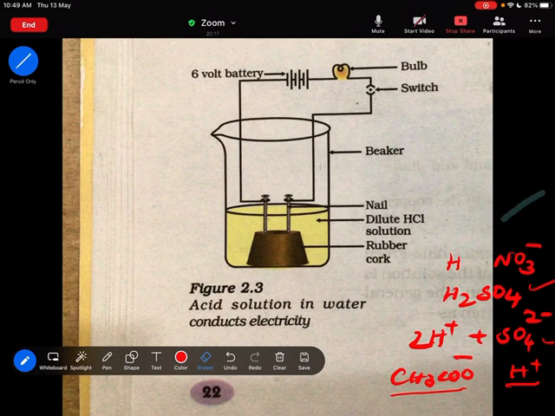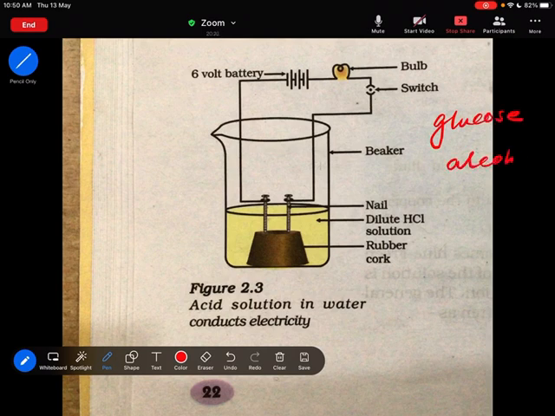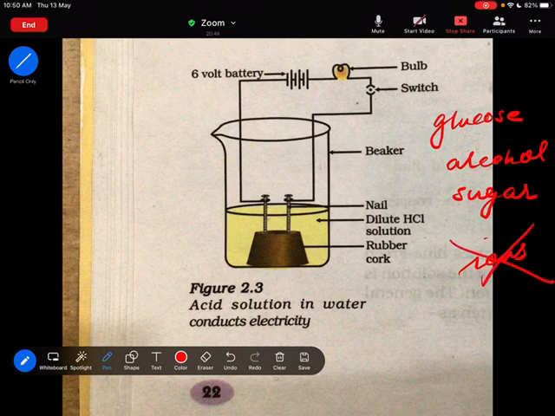But instead of this, if you are putting glucose solution, alcohol solution or sugar solution, the bulb will not glow because they cannot produce ions in aqueous solution.